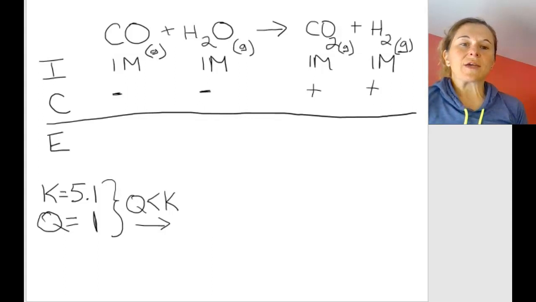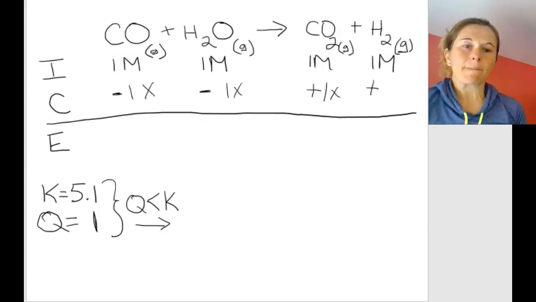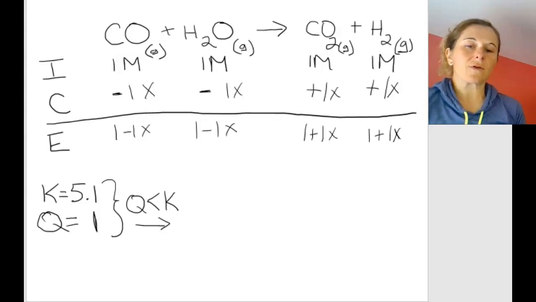We see our ratio is 1. Couldn't ask for easier numbers, right? So these are all 1x. Therefore, at equilibrium, we're going to have 1 minus 1x, 1 minus 1x, 1 plus 1x, 1 plus 1x. Oh, that's not really an x. Okay. So now we need to put this all together.